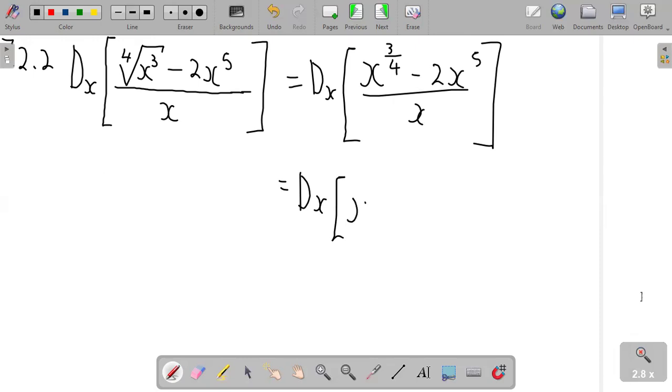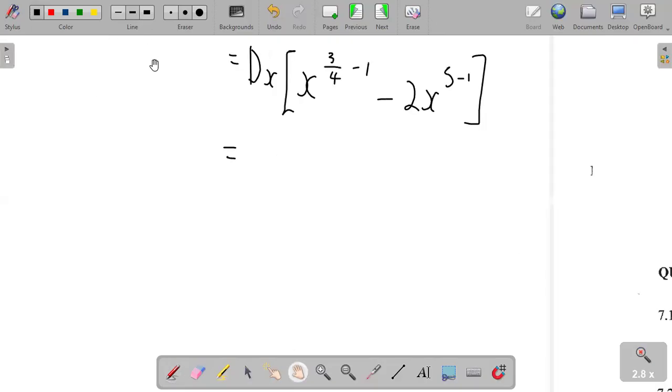We're going to say x to the 3 over 4 minus 1, minus 2, and then 5 minus 1. And then so it's going to be equal to dx, negative 1.